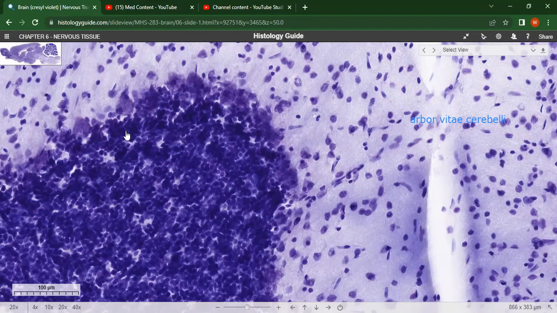The intracerebellar nuclei are the dentate nucleus, emboliform nucleus, fastigial nucleus. Which other nucleus? I have forgotten one, but there are usually 4 intracerebellar nuclei. And the axons of the Purkinje cells are the only output of the cerebellar cortex. Okay, they are the only output.